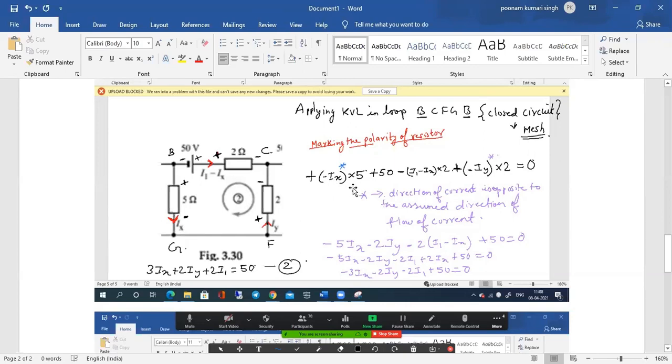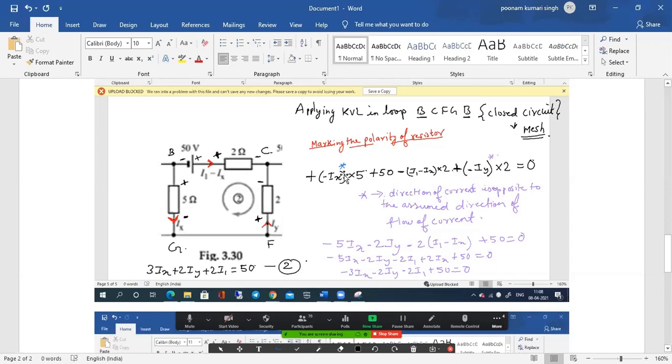So it is minus Ix into 5. Now from minus to plus, it is always a rise. So it is 50. Again, plus to minus is associated with a drop. So it is I1 minus Ix, current multiplied by 2. Again, when I came here, it is from minus to plus as per the clockwise direction, so it is a rise in potential.